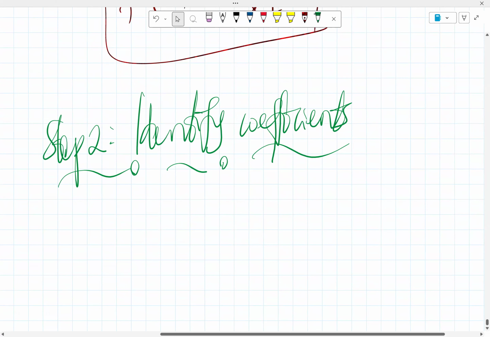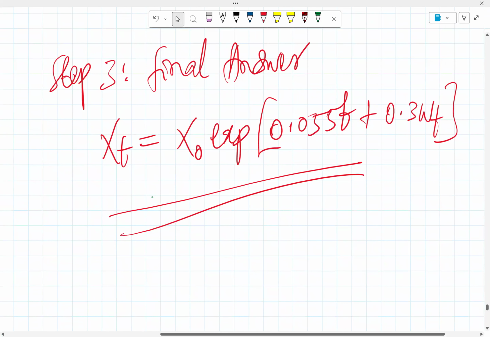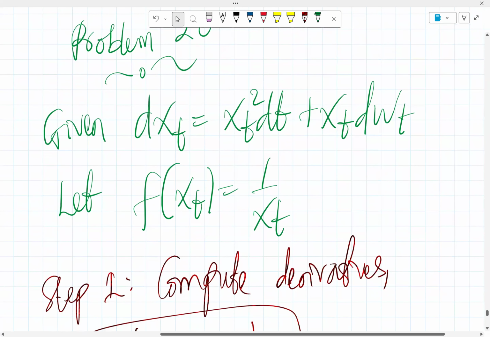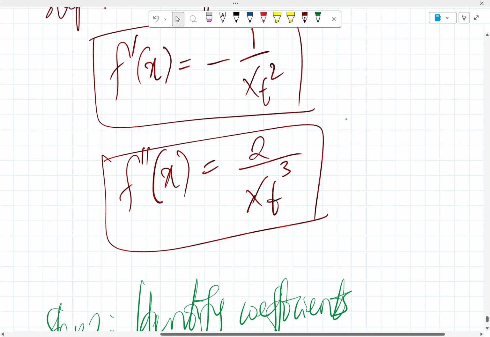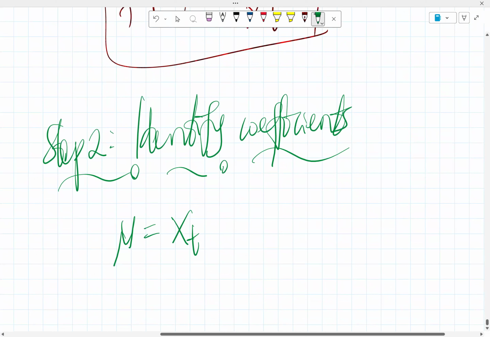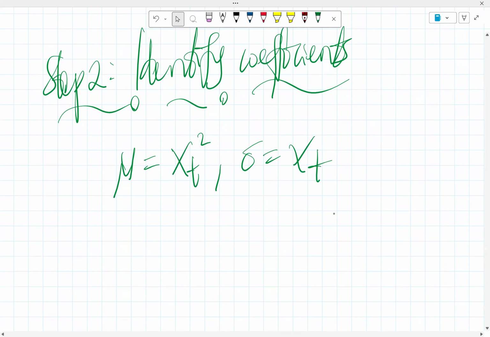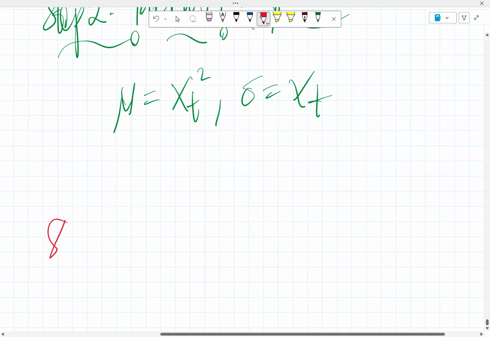So here now we identify the parts. First of all, based on the original expression, our mu is x sub t squared, and our sigma seems to be x sub t. So mu is x sub t squared, and sigma is x sub t, like that.